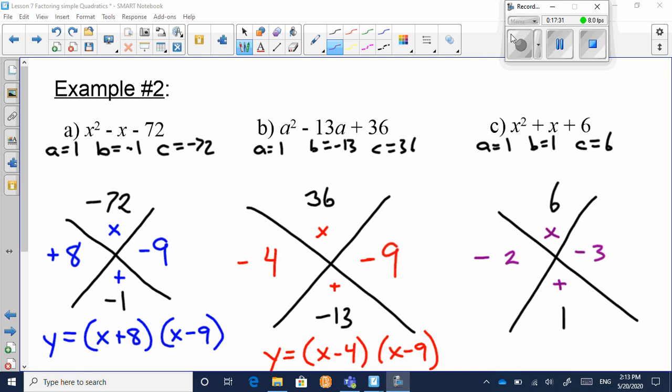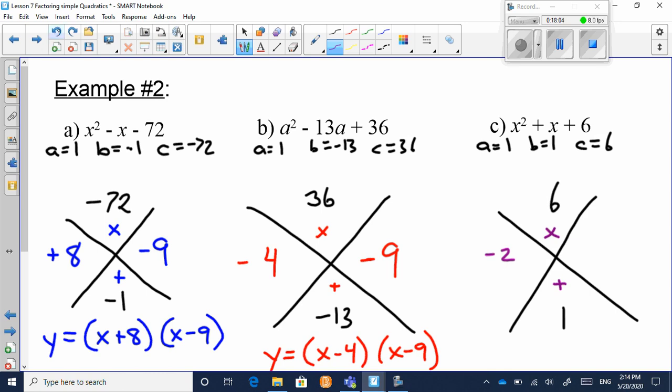So that doesn't work. And the one thing I notice here is that in order to multiply to 6 and then add to 1, one of them is going to have to be positive and one of them will have to be negative. If it was -2 and +3, then that would add to 1, but notice that that would multiply to -6, so that's not going to work.